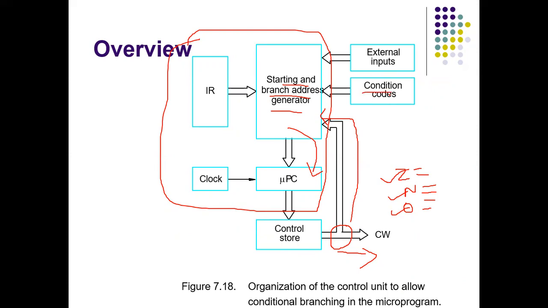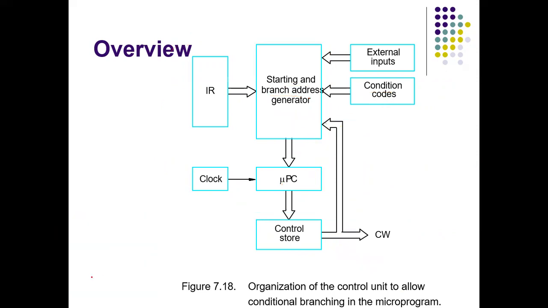Based on the condition codes, if the appropriate flags were set, then some other address will be generated and that address will come here. If it is an unconditional branch, there will not be any checking. Directly that address will be created and will come into the micro PC. So this is how the micro program control concept works.